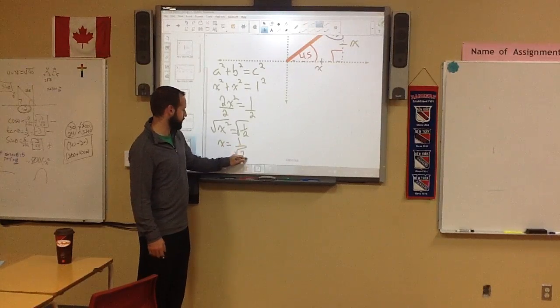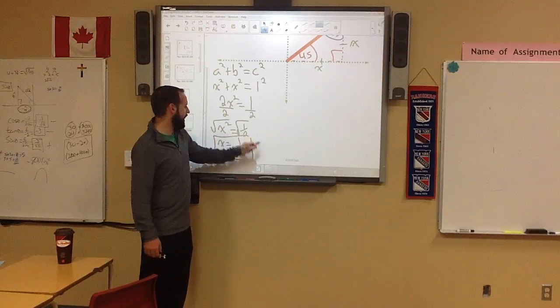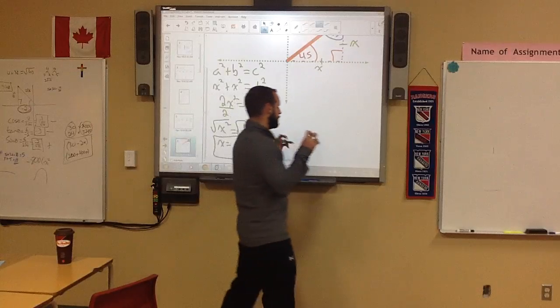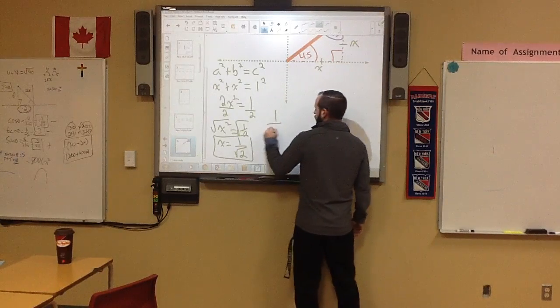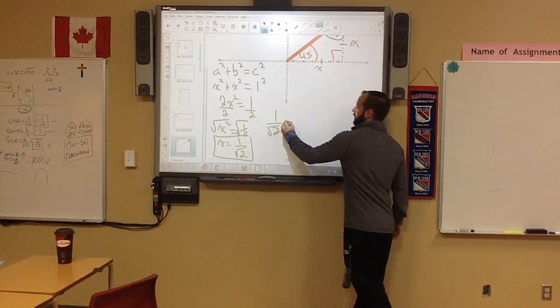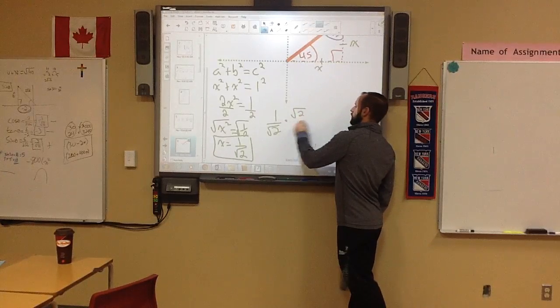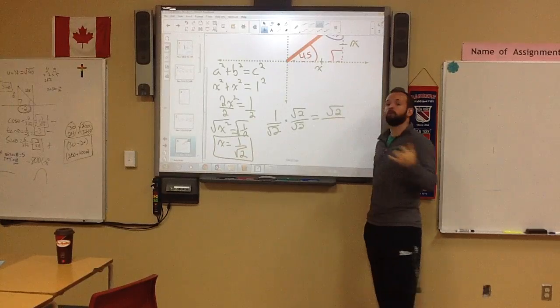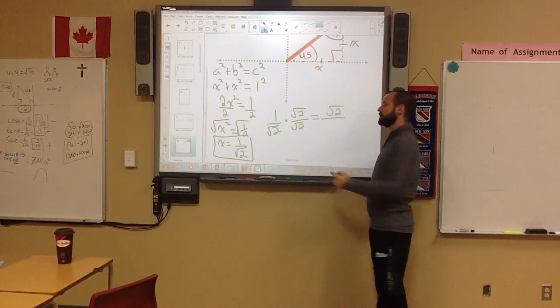Root 2 is not a perfect square, so I write it as root 2. If I said rationalize the denominator and write it in proper radical form, 1 over root 2, what would I have to multiply this by? Root 2 over root 2. That gives me root 2 over root 4, and the square root of 4 is 2.